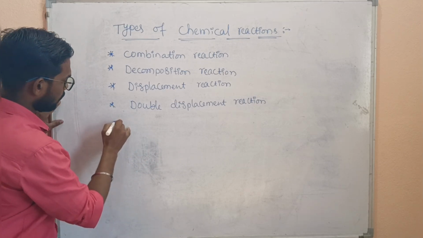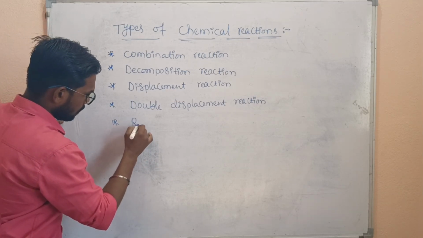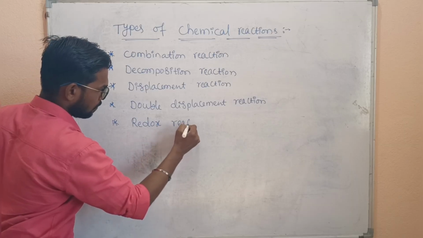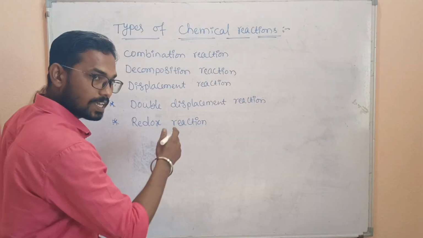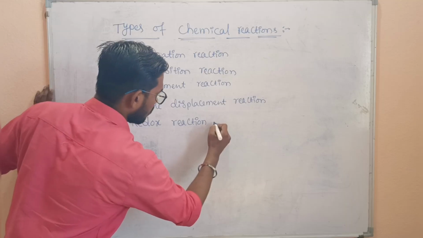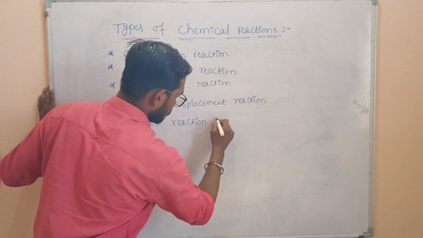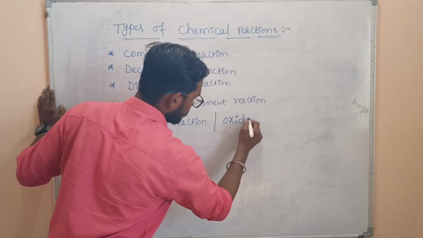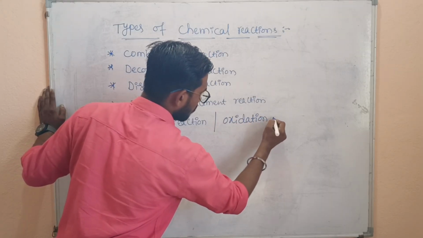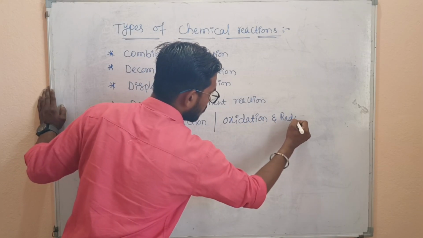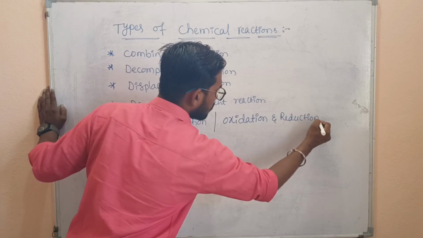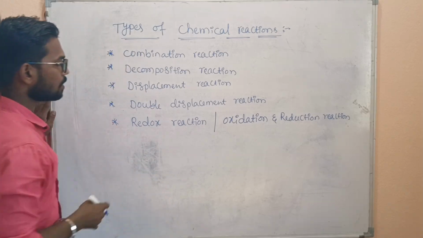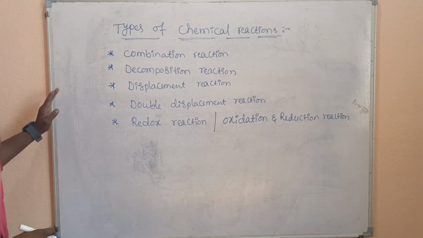And the fifth type is the redox reaction. The redox reaction is also written as oxidation and reduction reaction, so in combined form we say redox reaction.